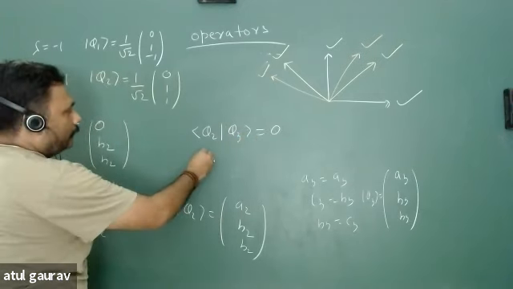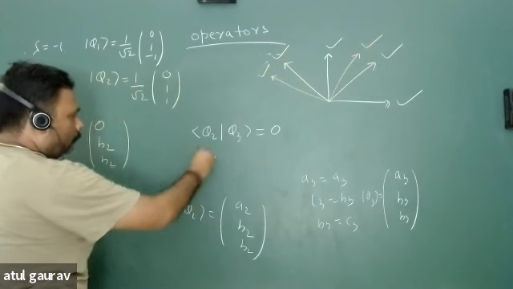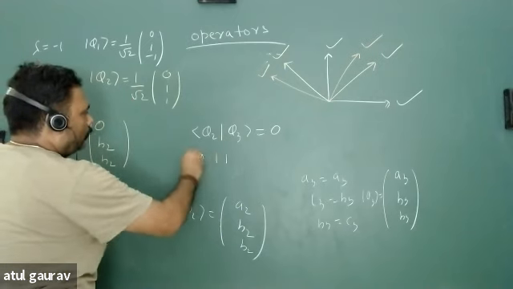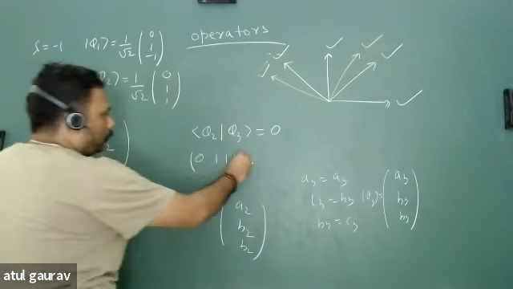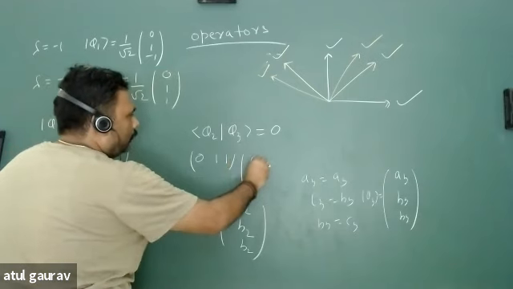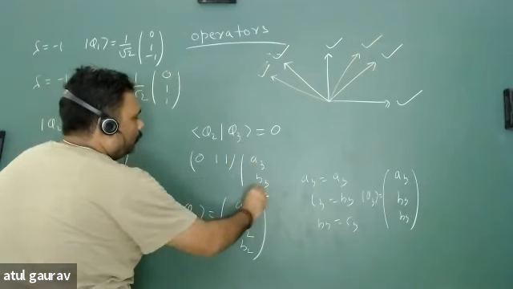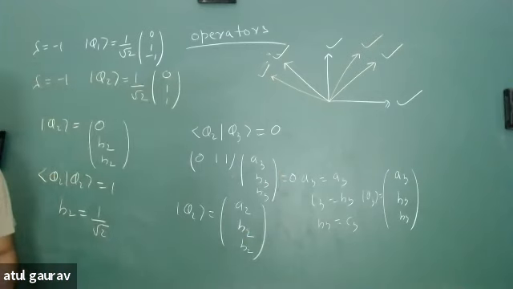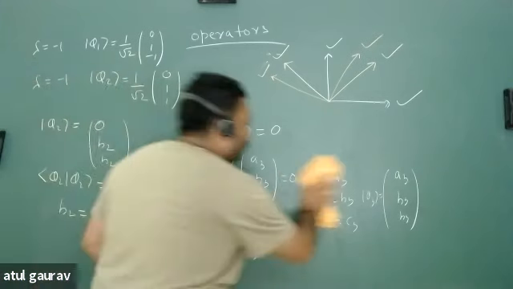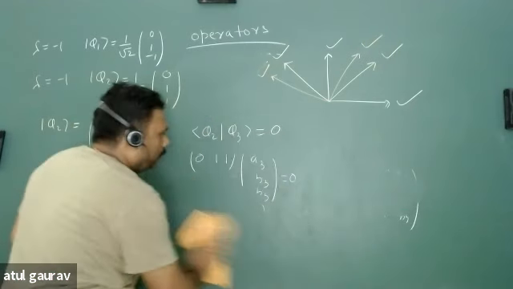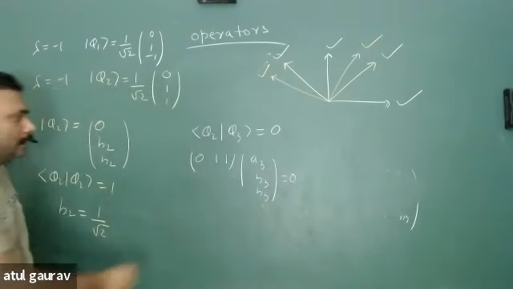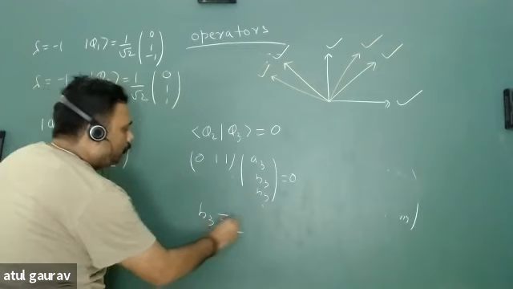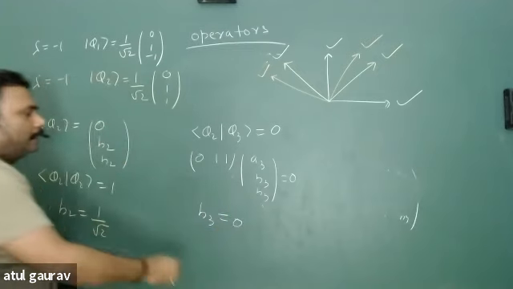And then what can you get? You can get phi 2 as 0, 1, 1. 1 by root 2 will not be used there. So this will be a3, b3, b3 must be equal to 0. So from this particular equation, you can easily find that b3 must be 0 and a3 can be any number.